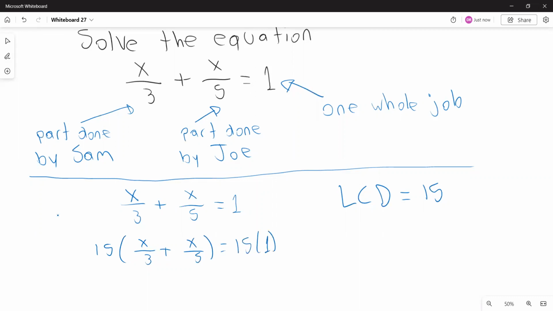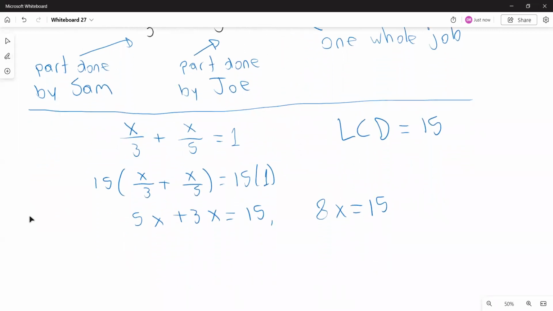So 15 times x over 3 is 5x, and 15 times x over 5 is 3x. So 5x plus 3x is 8x, and x is 15 over 8. Or if you write the fraction as a mixed number, that's 1 and 7/8.